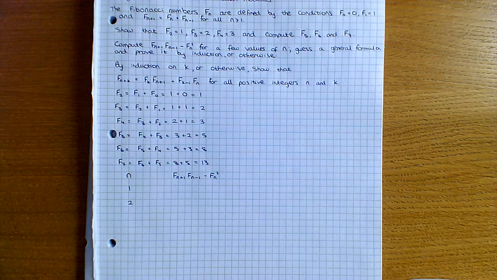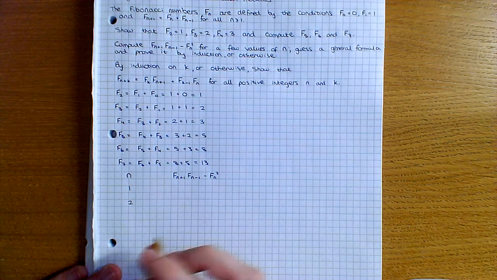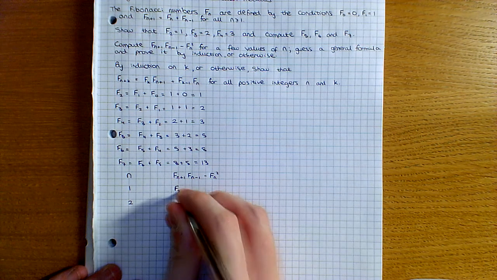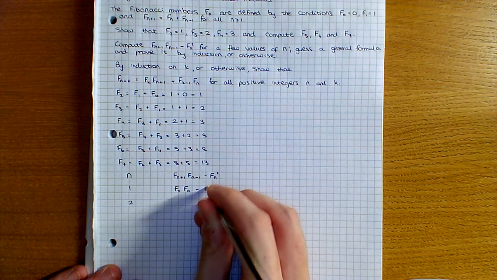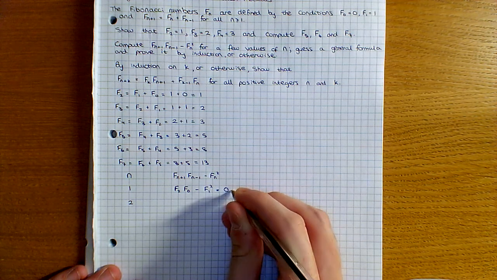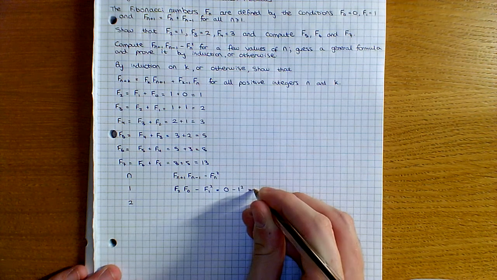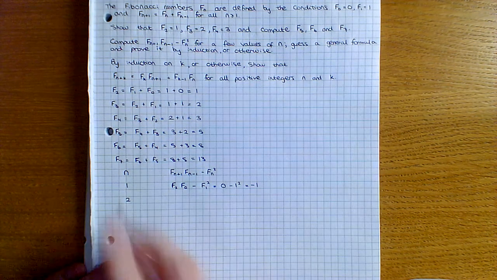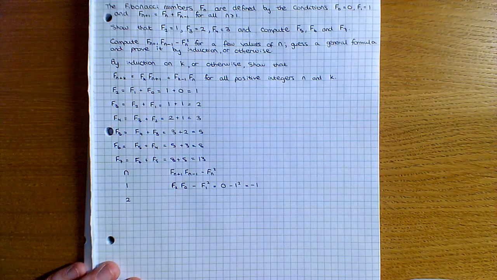So let's see. When n equals 1, this formula becomes f2 times f0 minus f1 squared, which is simply 0 minus 1 squared, which is minus 1. So when n equals 1, this quantity is minus 1.